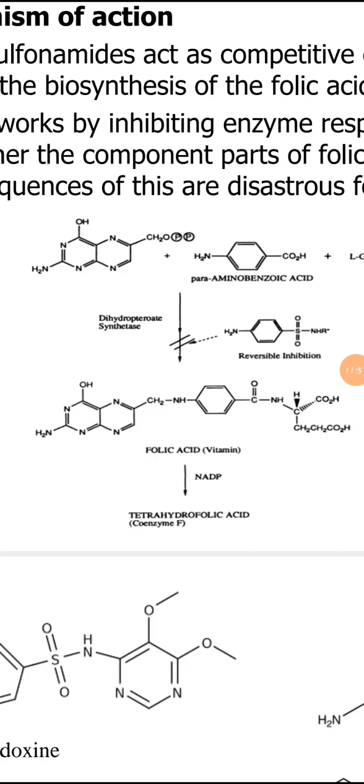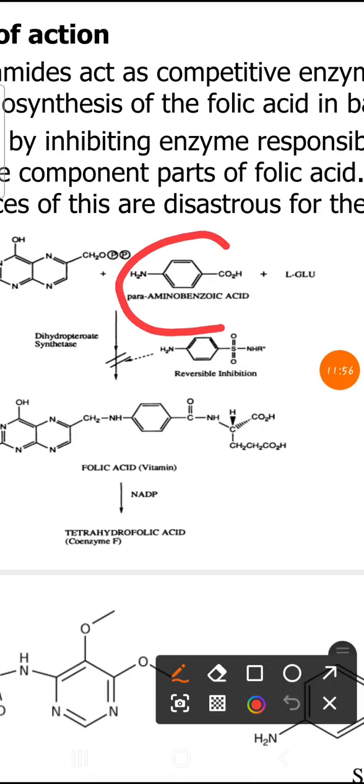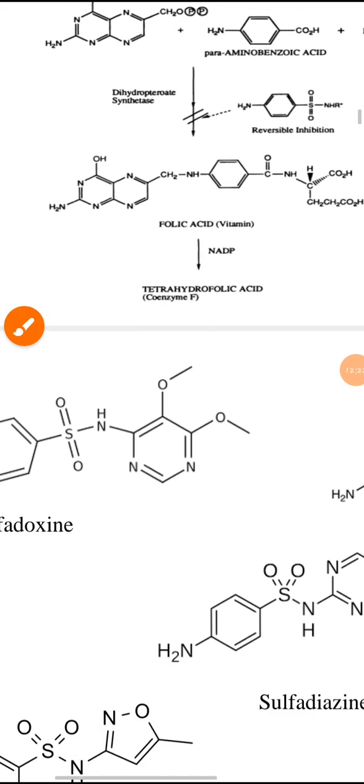Sulfa drugs are structurally similar to para-aminobenzoic acid, so they compete with the binding of para-aminobenzoic acid. They fool the enzyme that is responsible for combining pteridine, L-glutamine, and para-aminobenzoic acid. This results in the death of the bacteria.